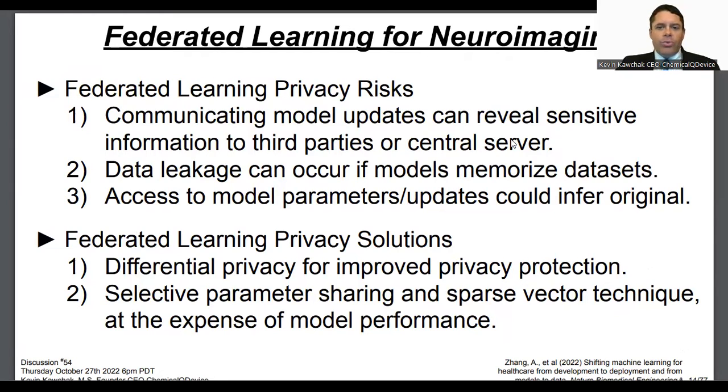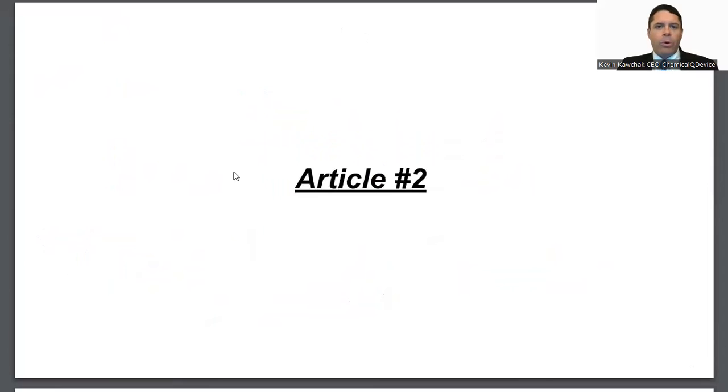Basically, it's the case where the machine learning model memorizes the actual patient data, but there are a number of things in place and going to be in place to help with that. The solutions, as they say, are differential privacy, selective parameter sharing and the sparse vector technique. Now, for some of these, for the sake of privacy, you're going to give up some performance.